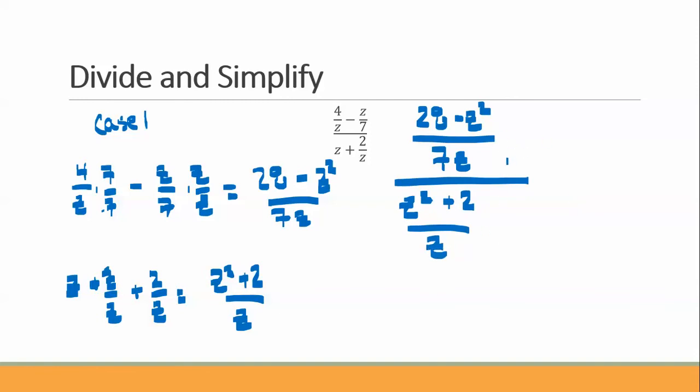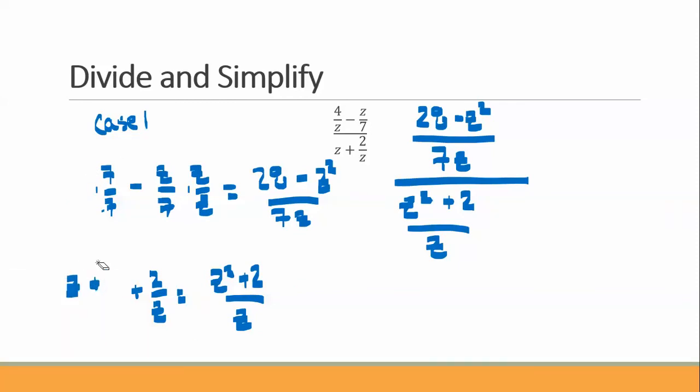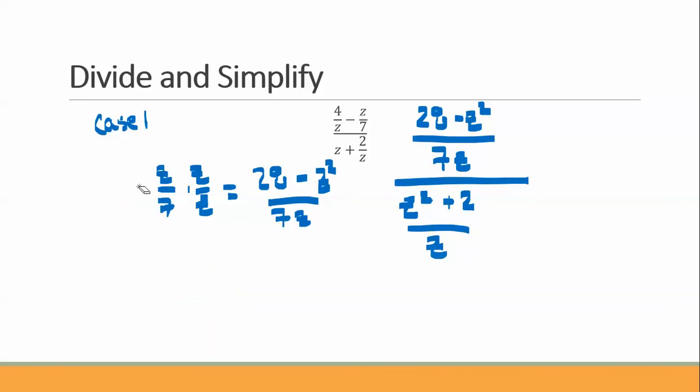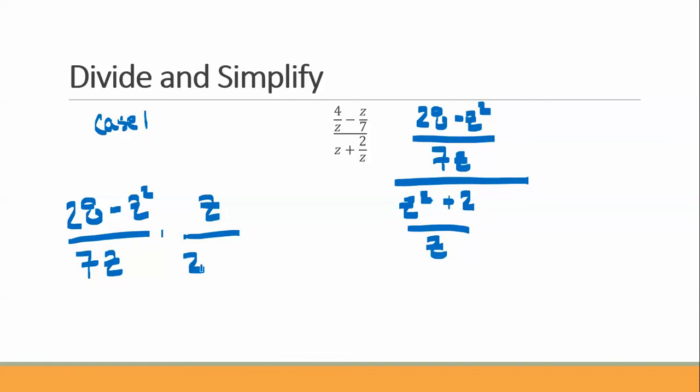I'm going to flip the second fraction when I bring it up, just to save some room. And I'm also going to erase this over here so that we have some more room to write. So then we have 28 minus z squared over 7z times z over z squared plus 2.